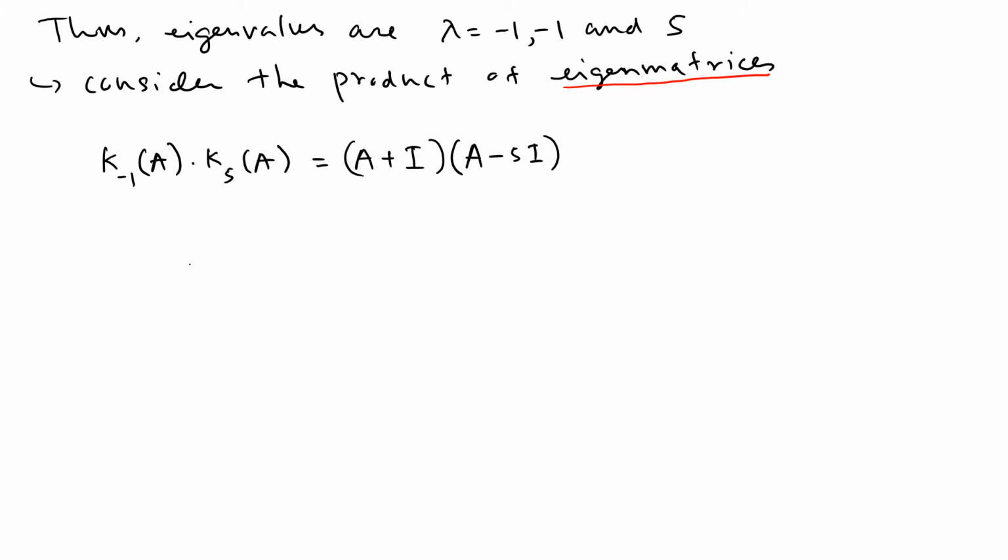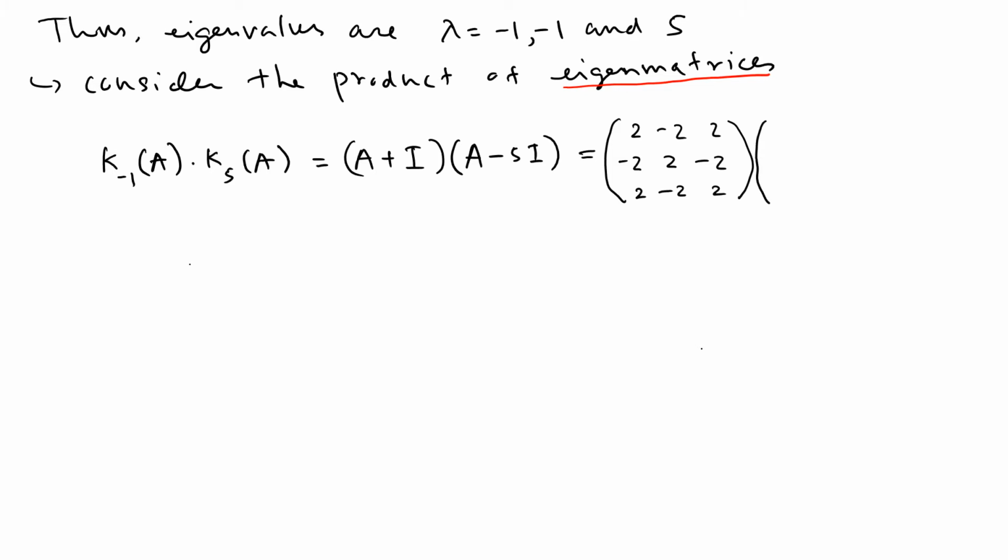A minus lambda I, the same thing, but we're going to call it eigenmatrices for a reason. Good. Now let's just multiply them. So what is A plus I? Just add the 1 to the diagonal entry. So we're going to get 2, -2, 2, the other one is -2, 2, -2, and then 2, -2, 2. That's what you get from the first one.